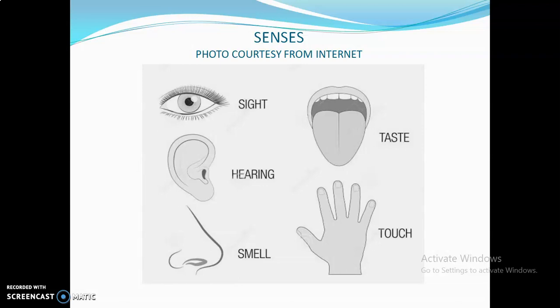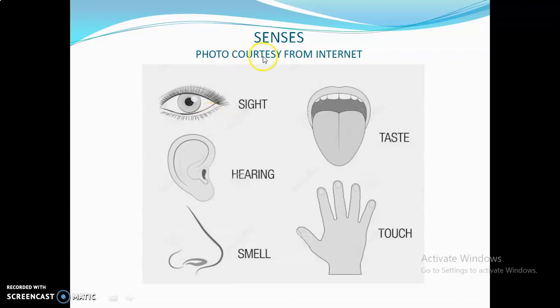Why I am telling about this: because remote sensing is also a type of technique where we don't touch anything, the cameras are far away from the things, and photographs are taken from a greater height.